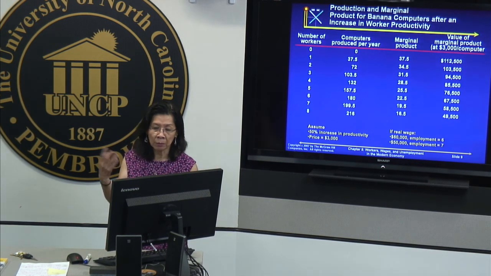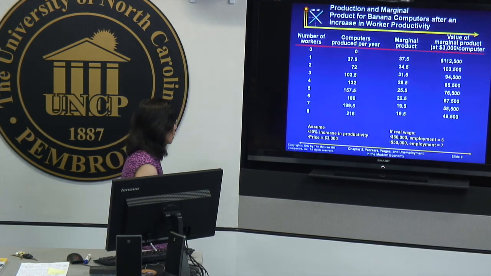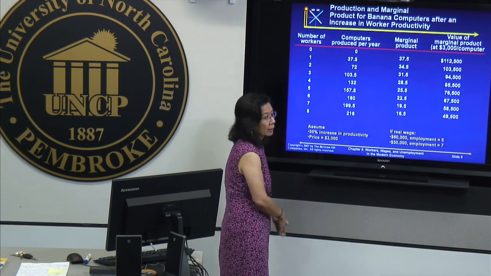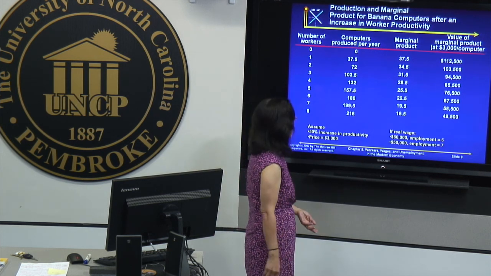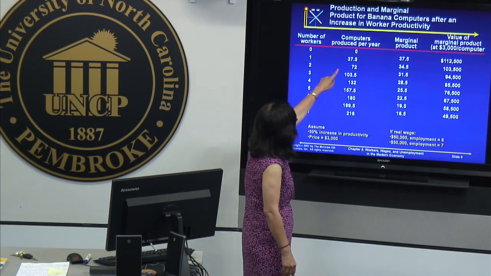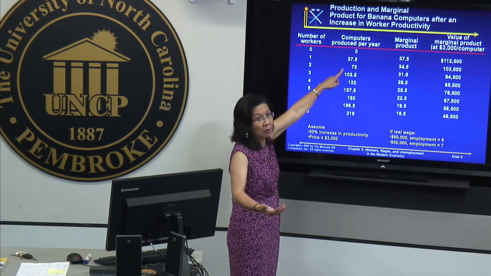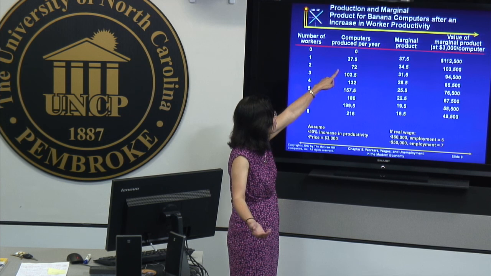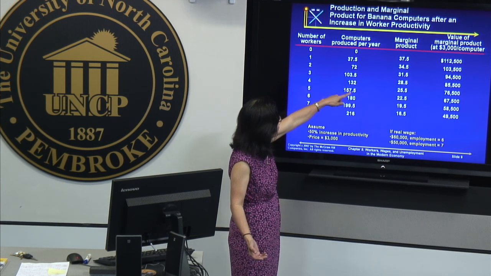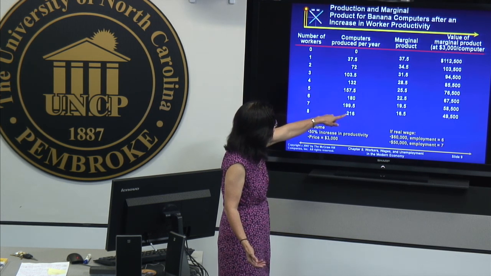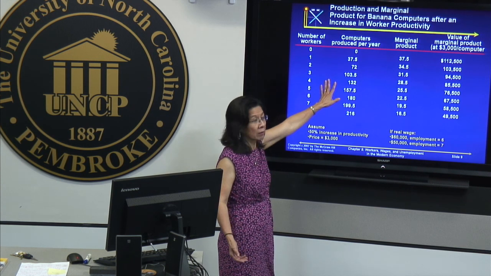We go back to 3,000, the benchmark case, and now we recalculate everything. What do you mean by recalculate everything? So once again, you see that 37.5 is 50% higher than 25 computers. So this is all calculated for you. You don't have to worry about that. Just take the numbers as given.